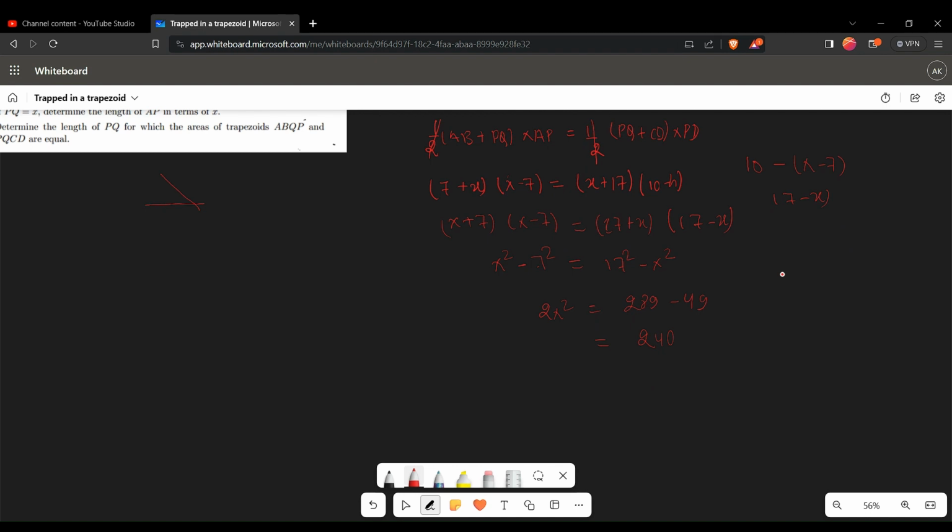So x square minus 7 square, fine, and here it is 17 square minus x square. 17 square is 289 and 7 square is 49. So basically we get from over here that x square is equal to 240.